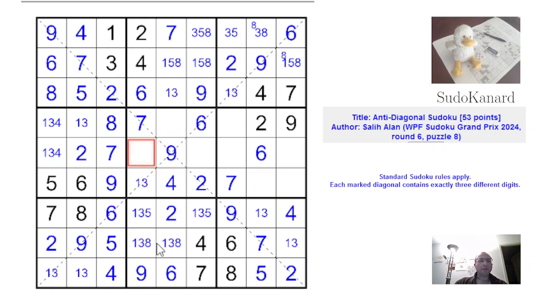Those are from 1, 3, 5, 8, but there's an 8 here. So 8 is around here. And those are from 1, 3, 8.